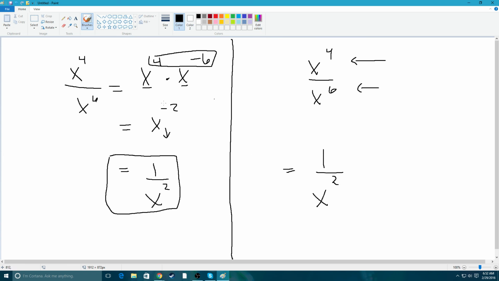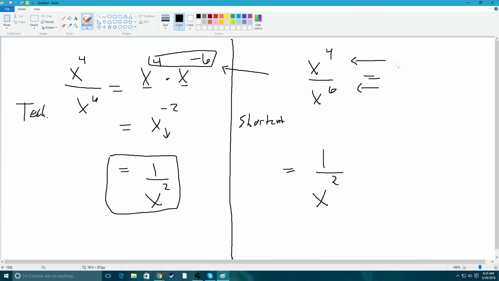So this right here is the technical way, and this one over here is kind of like a shortcut. This is not a -2 on the bottom, because since we're doing 4 minus 6, you say, oh, that's -2, but that's because of this guy over here.